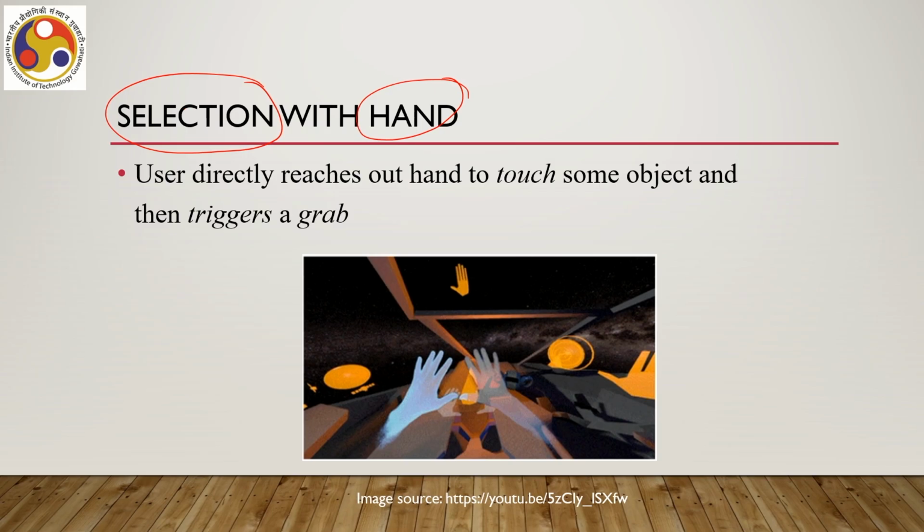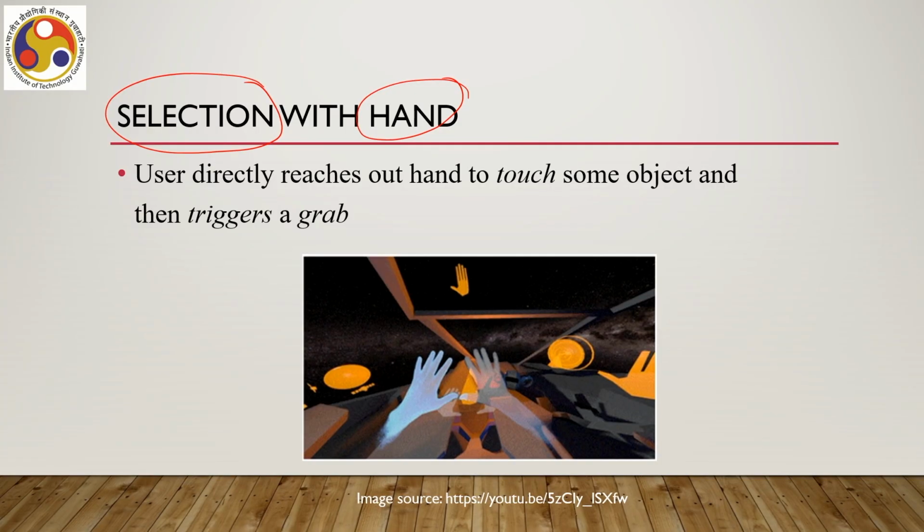It may be noted that conventionally selection with hand refers to selection of objects with a single hand or single finger or multiple fingers of a single hand. So, essentially one hand is involved. That is the conventional meaning.